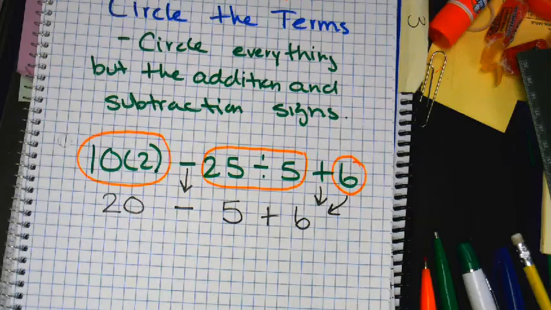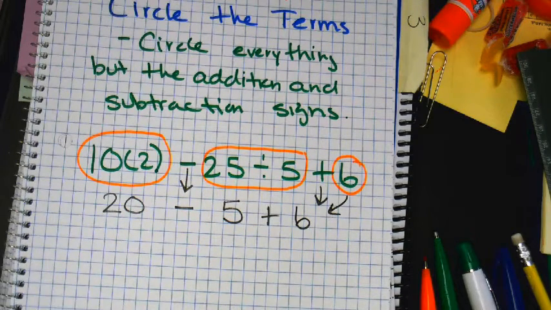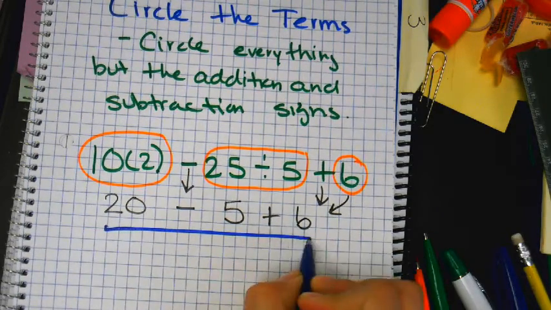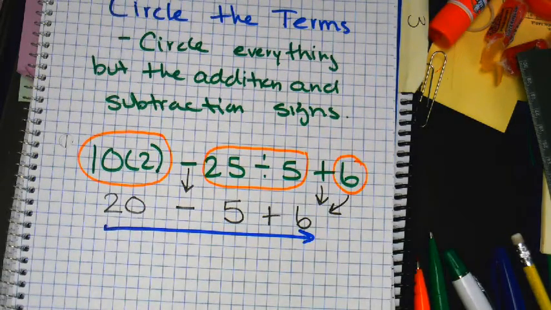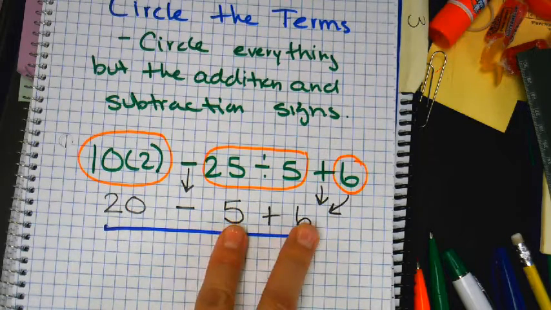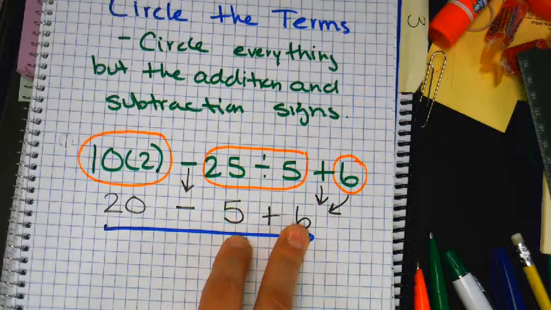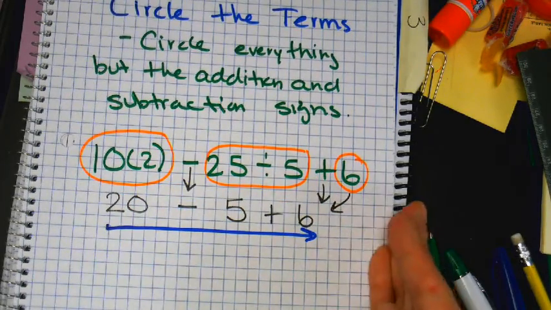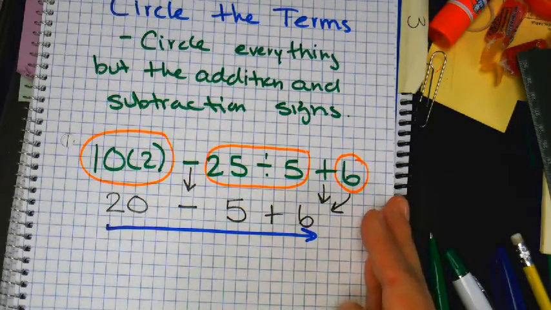All right. Now, we don't have any more circles. It's all addition and subtraction. Now, this is important. You have to go from left to right. Doesn't matter if I subtract first or add first? Yes, it does. You will get a different answer if you add these two numbers first. We're not going to add them because they're in the back. We have to go from left to right, like when we read.